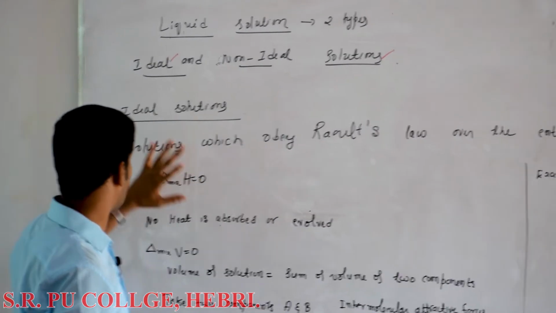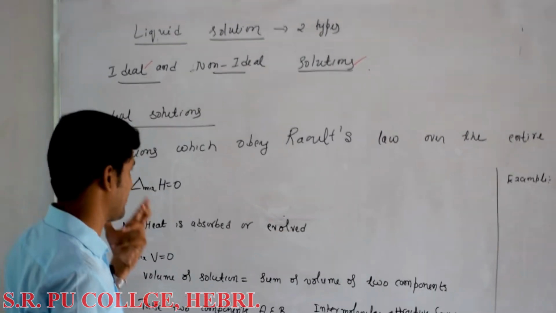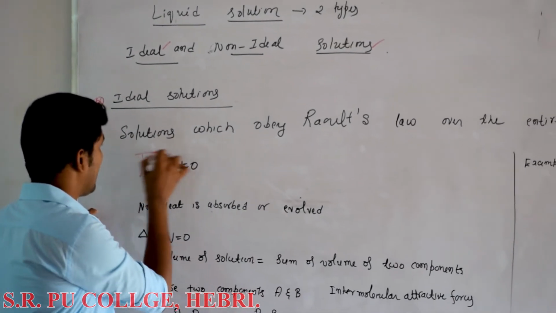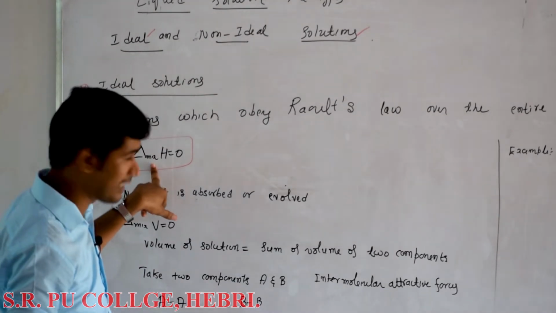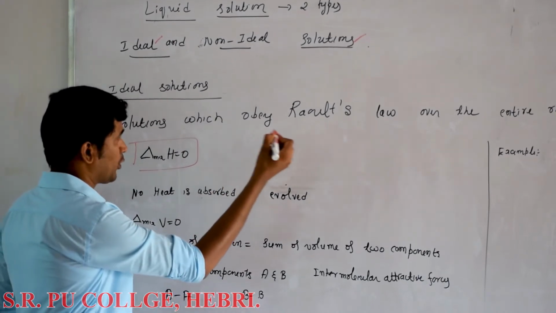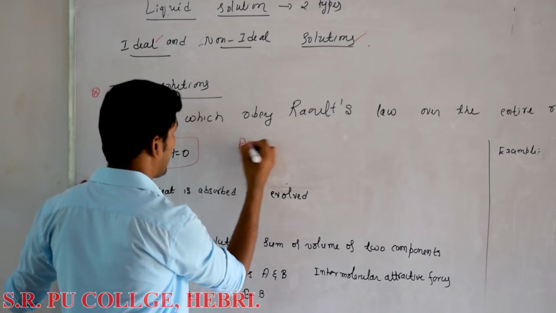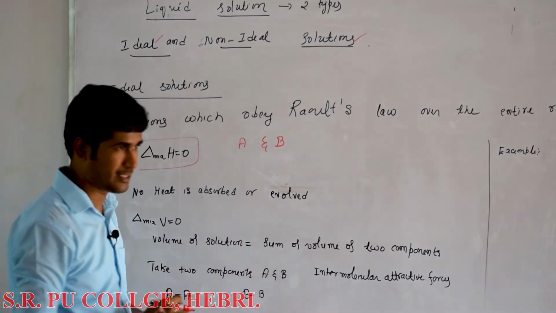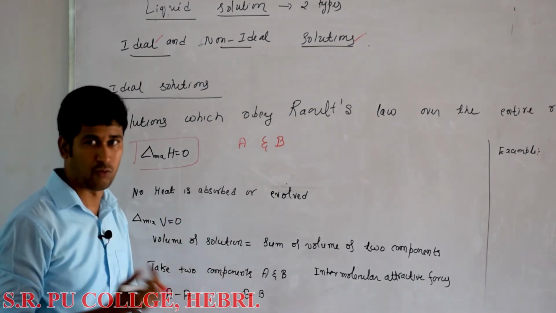Now, what are the characteristics of ideal solutions? The first one is enthalpy of mixing. Enthalpy of mixing is equal to 0. That means when you mix two components, for example component A and component B, no heat is absorbed or evolved.